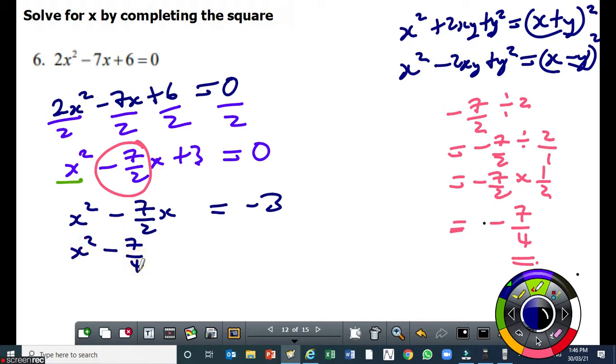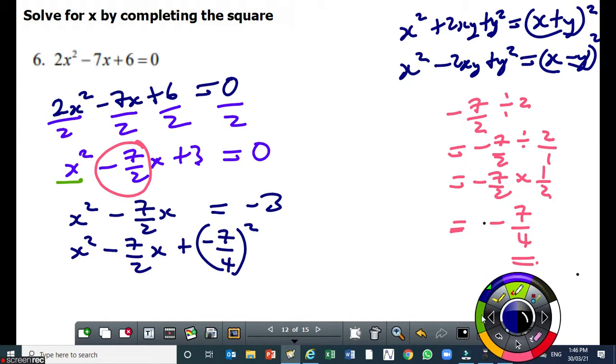half of the coefficient of x. So that will be minus 7 over 4 all squared. Once I add it here, I also need to subtract it.